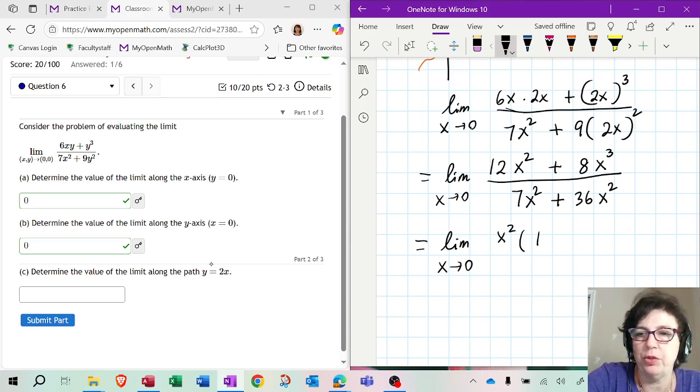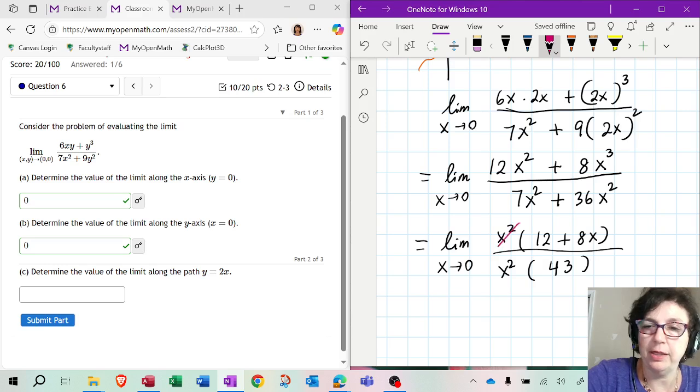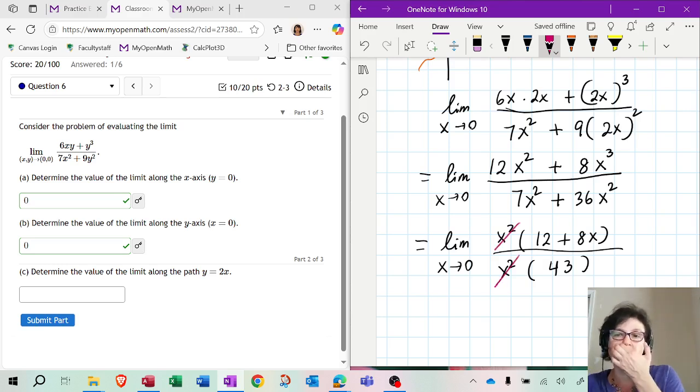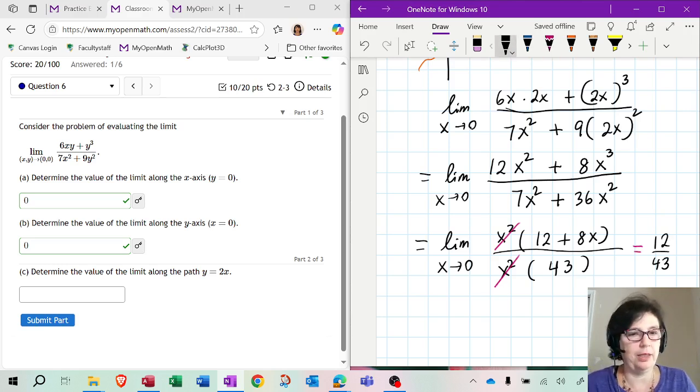And that becomes 12 + 8x. And on the bottom, you can also factor out x^2, and that's 7 + 36, which is 43. And now we can see that these are going to cancel, and we're no longer going to have 0 over 0. So now when we plug in x = 0, that just becomes 12 divided by 43. And I think that's the answer here.